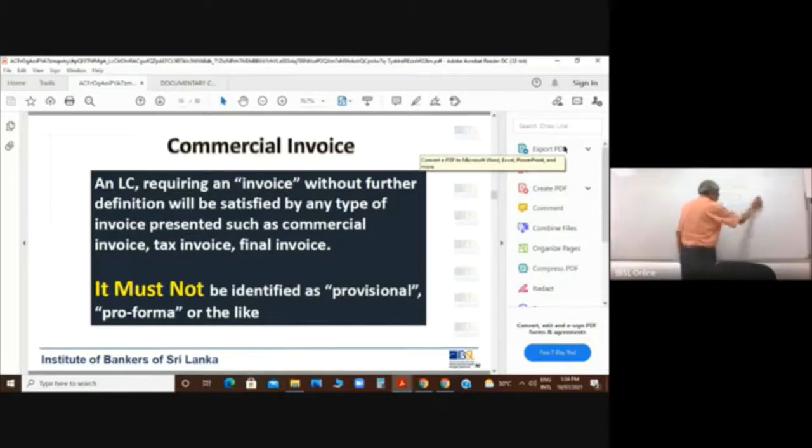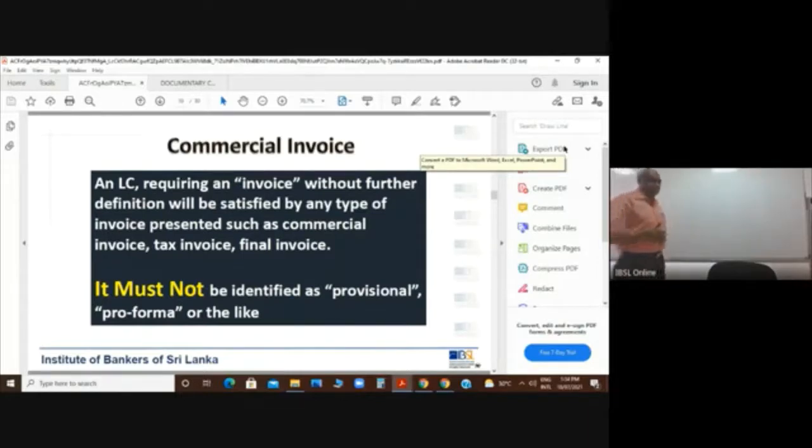Without the pro forma invoice, you can't open LCs or get anything done, right? Even to send money as advance payment or any other thing, you have to get a pro forma invoice.